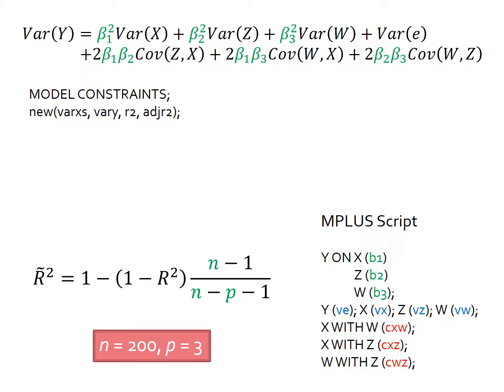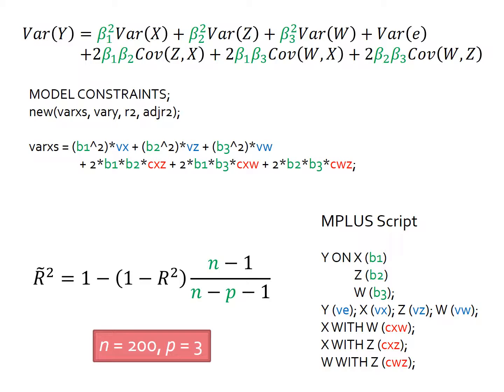So in the model constraint in Mplus, I have the variance of all predictors, variance of y, R-square, and adjusted R-square. For these, I would like to derive them by the formula.